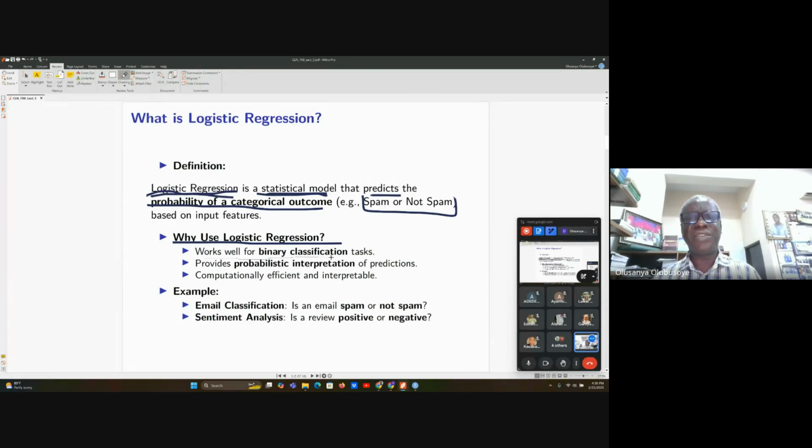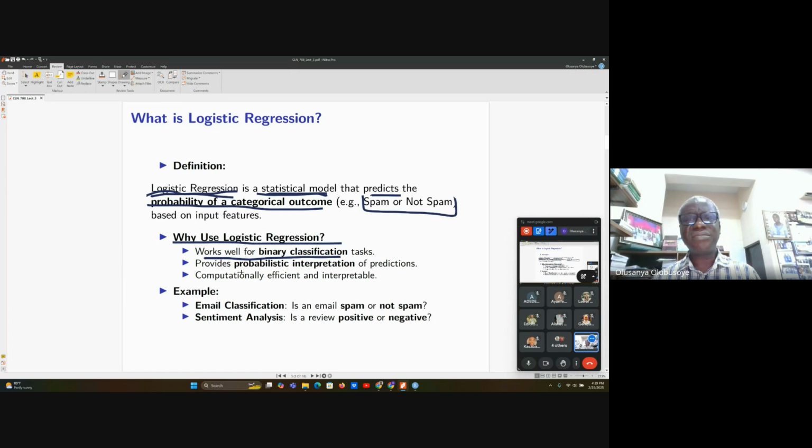Now, I told you we only use it when we have binary classifications. That is, when the output or the label has just two categories.